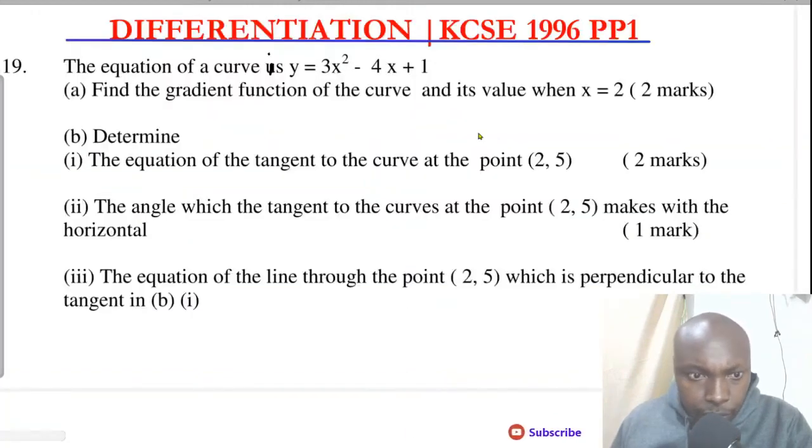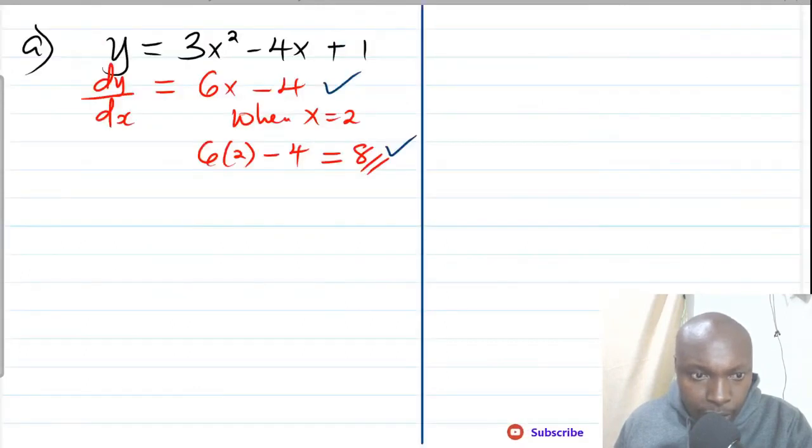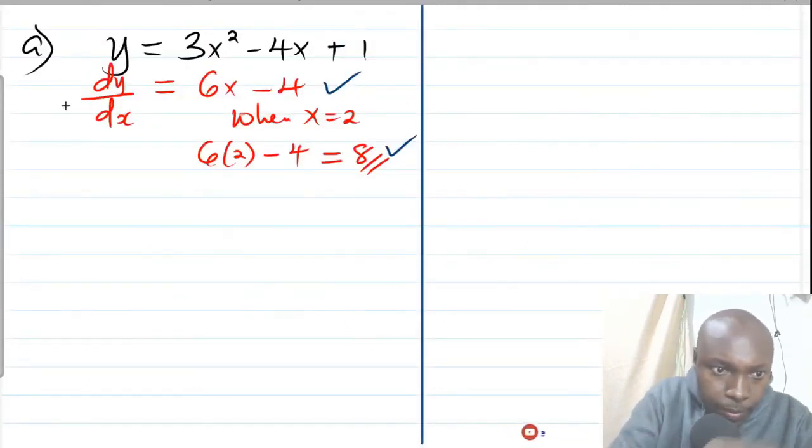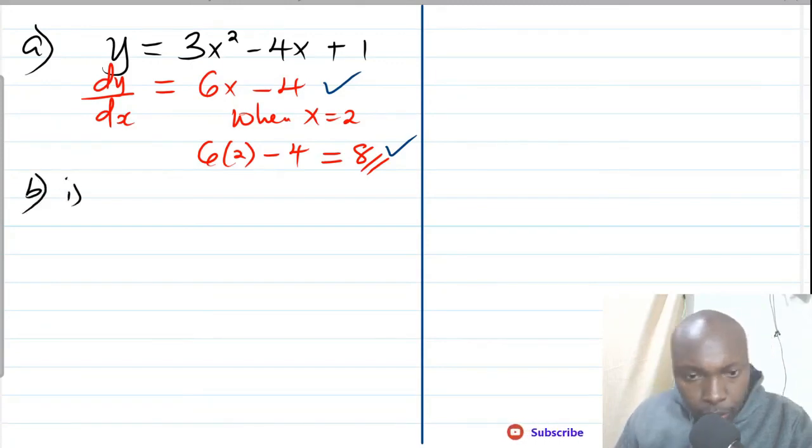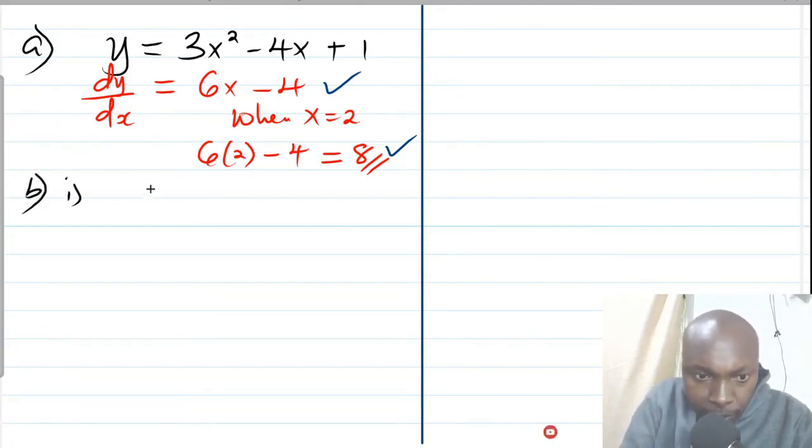Now the other part of the question, B1, the equation of the tangent to the curve at the point (2, 5).